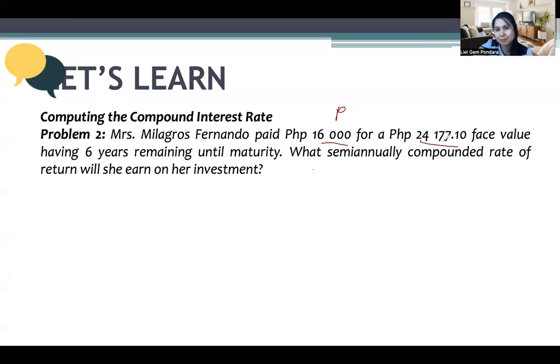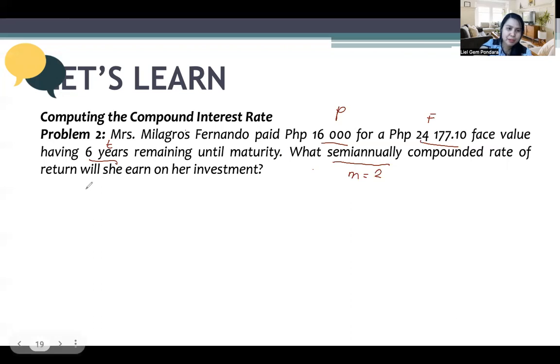What is this? Maturity value. Very good. The maturity value, or F. Having 6 years, that's our time, remaining until maturity. What semi-annually? What will be our compounding period? 2. 2, very good. Compounded rate of return will she earn on her investment?